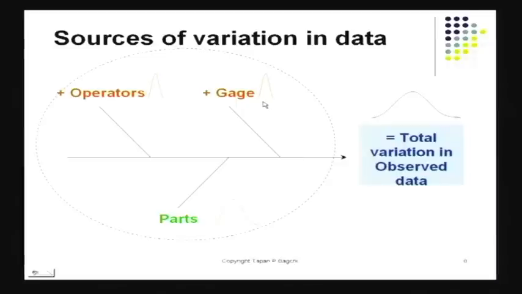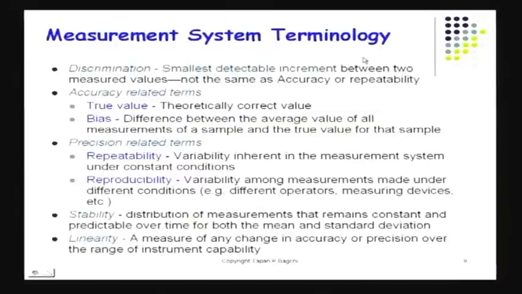This is what we call repeatability. And then of course, the operator who is using the gauge also introduces his additional variation, and that is called reproducibility. So, in fact, the total variation would be part the part-to-part variation, part the error introduced by the gauge, and part the error introduced due to the operator. These are the different sources of variation in the data that we measure.